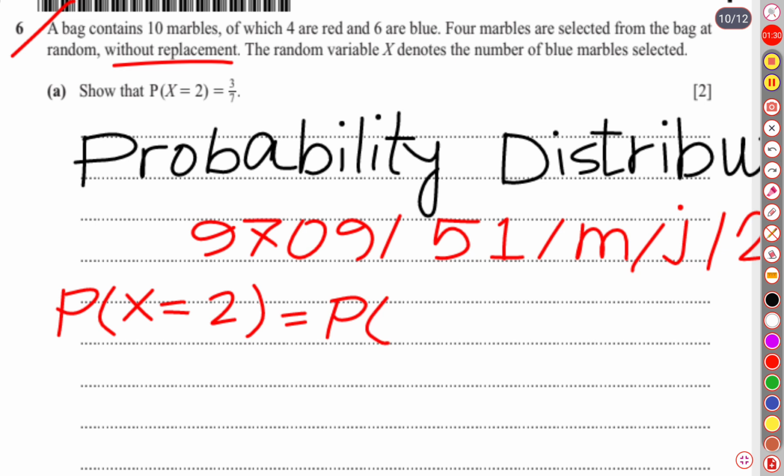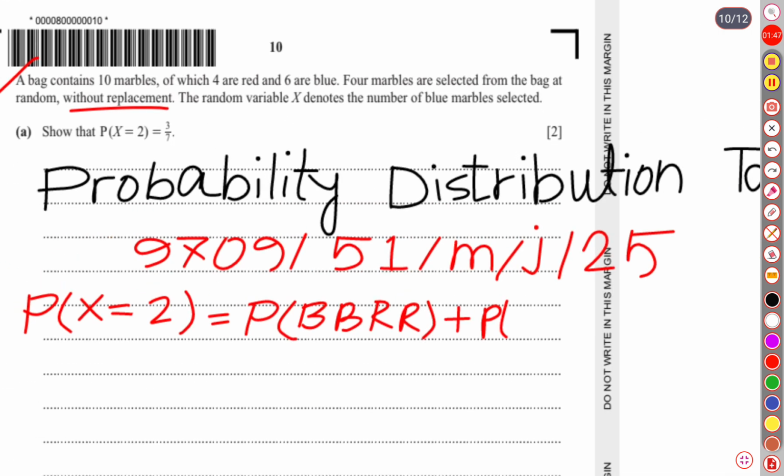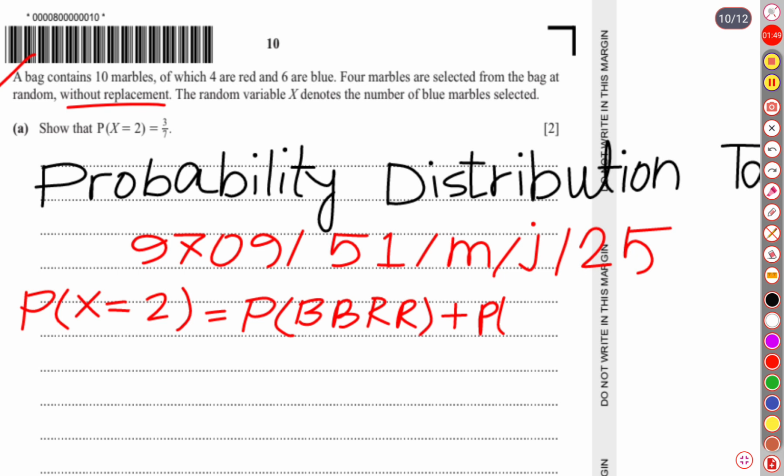We require 2 blue marbles, so blue, blue, and the second 2 are red. This is one of the cases. Then let's suppose the first one is blue, the second one is red, the third one is again blue, and the final one is red.